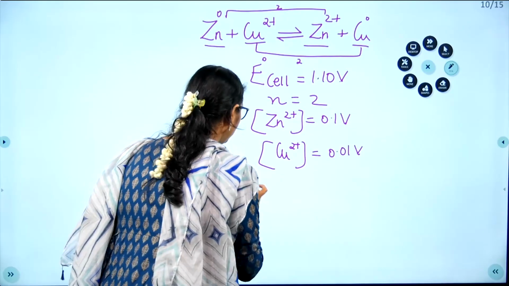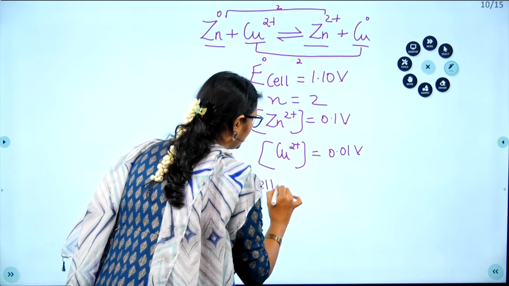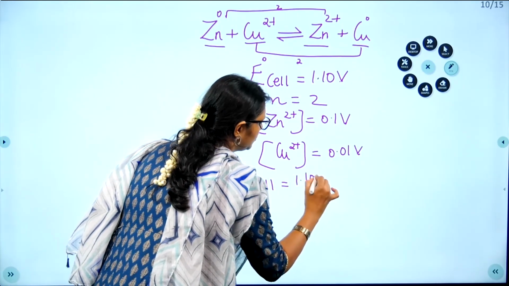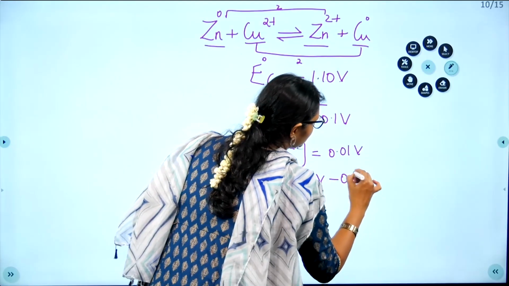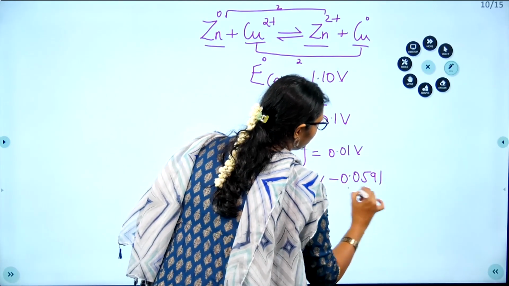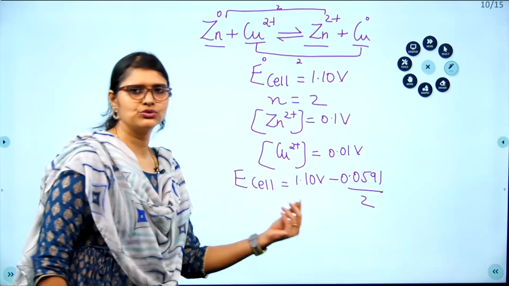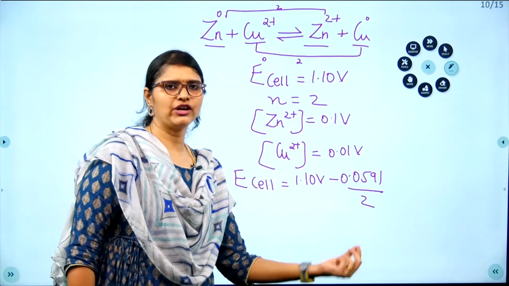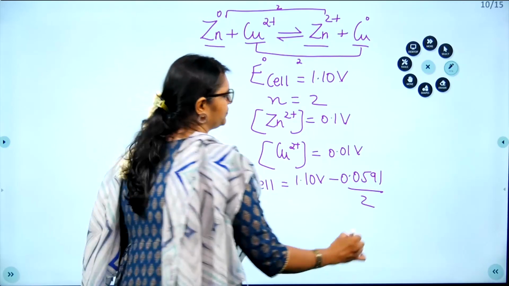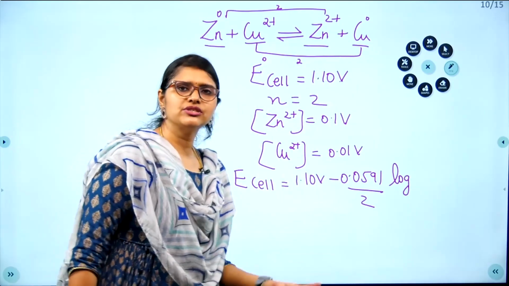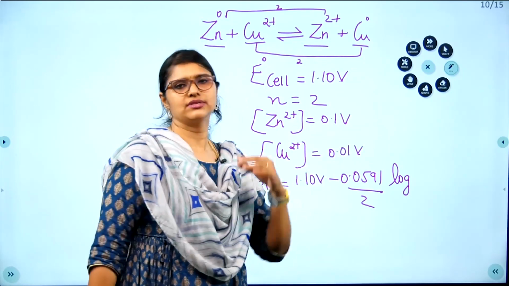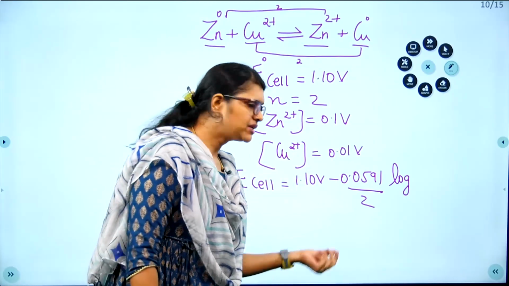E cell is equal to 1.10 volts, E naught cell, minus 0.0591 by 2, since N is 2, log of oxidized by reduced. Now which is oxidized? Zinc is oxidized. Which is reduced? Copper is reduced.